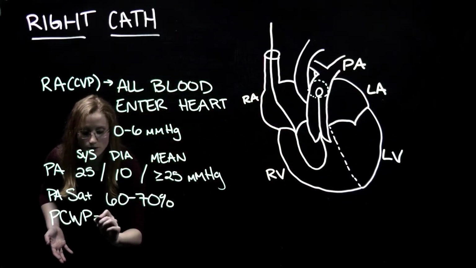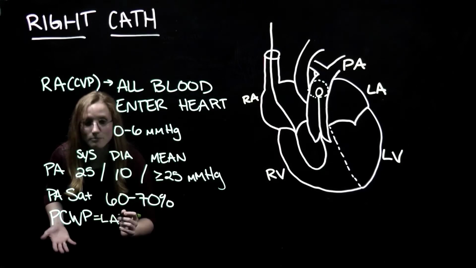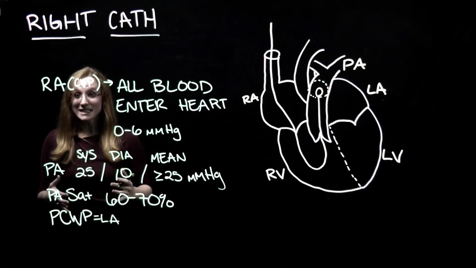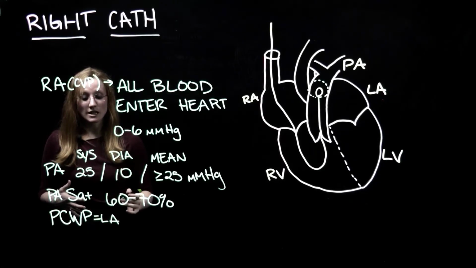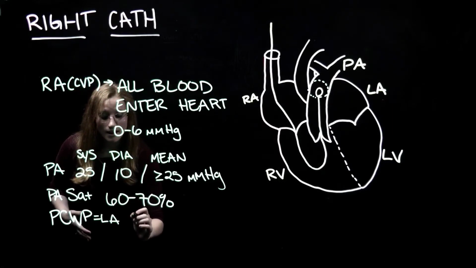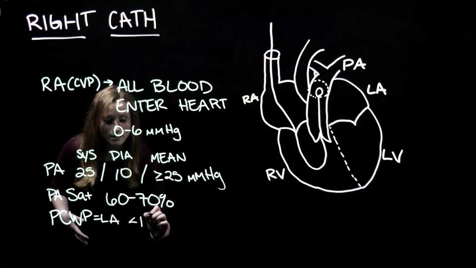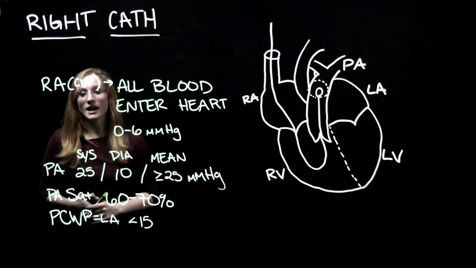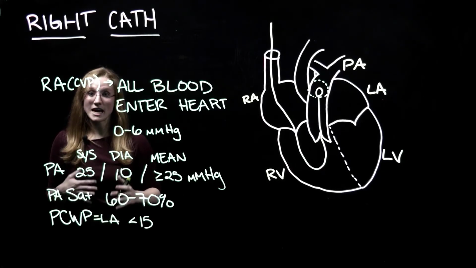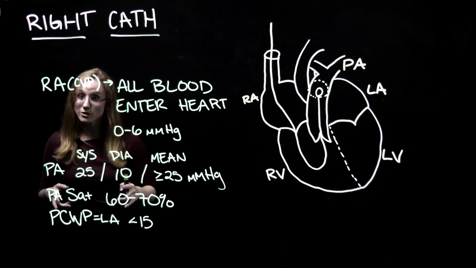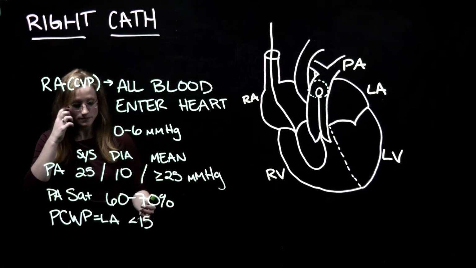So we equate that to what the left atrium might be doing. Ideally, less than 15 is normal, but we use 18 as the cutoff for being volume overloaded on the left side.